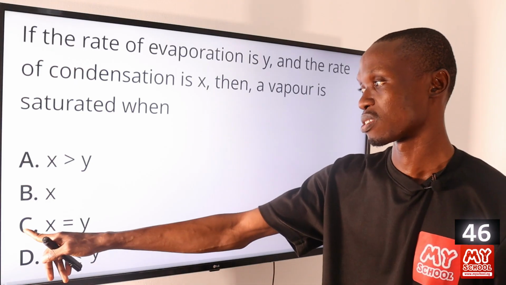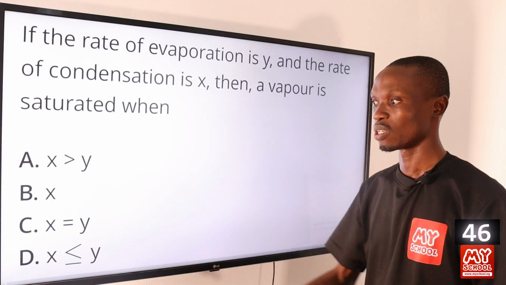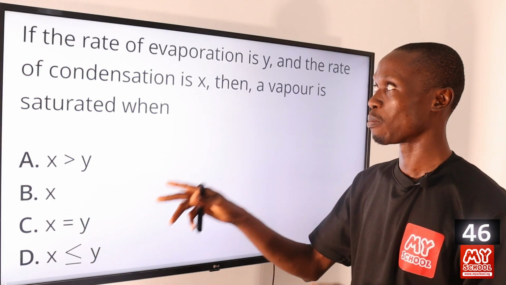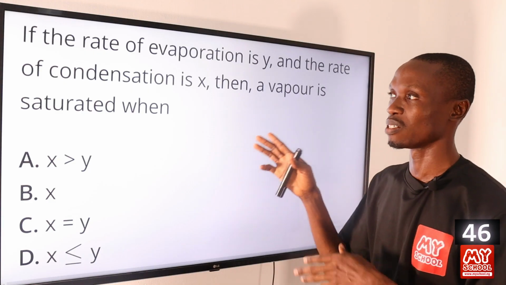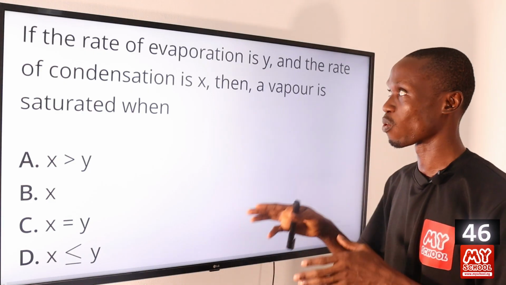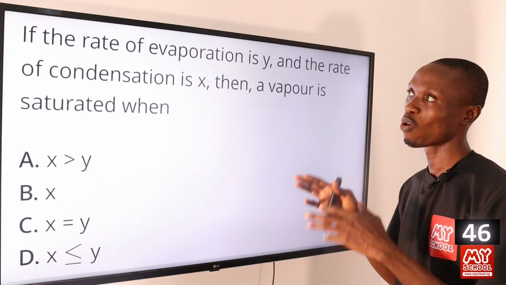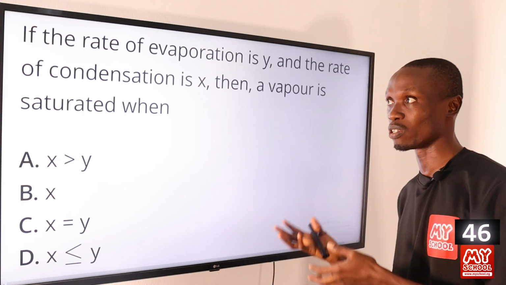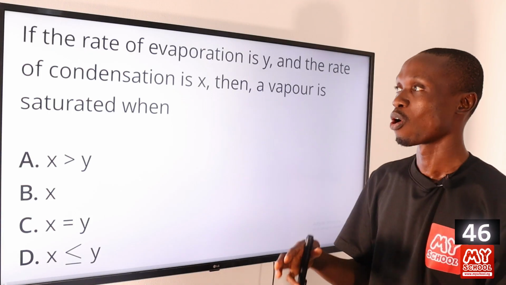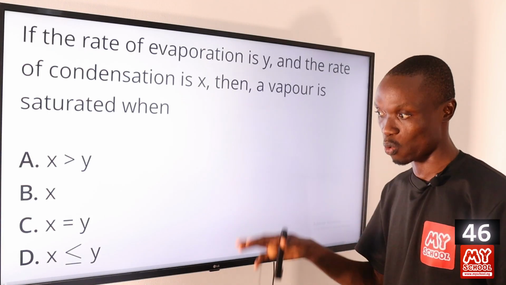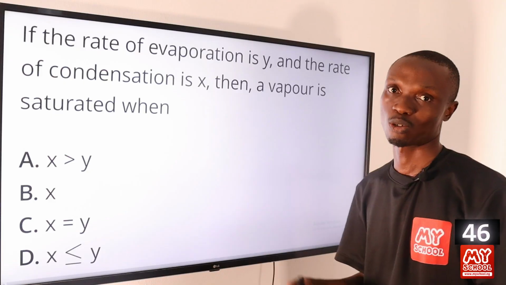Okay, so that makes option C, S is equal to Y, the correct answer to this question. But remember that S is the rate of condensation and Y is the rate of evaporation. So a vapor is saturated when the rate of condensation is equal to the rate of evaporation, or when the rate of evaporation is equal to the rate of condensation.